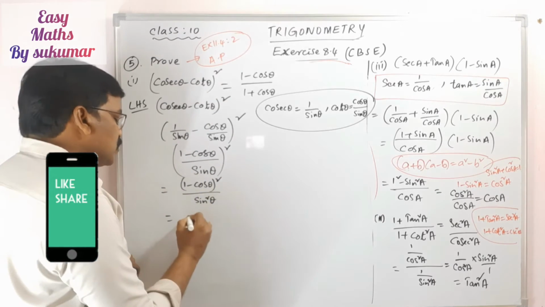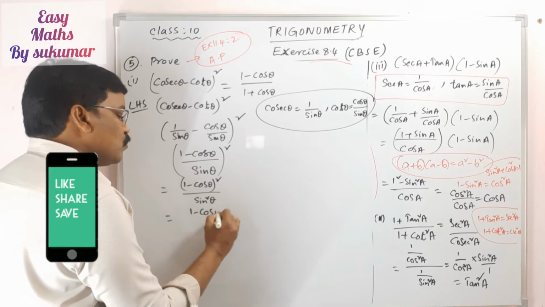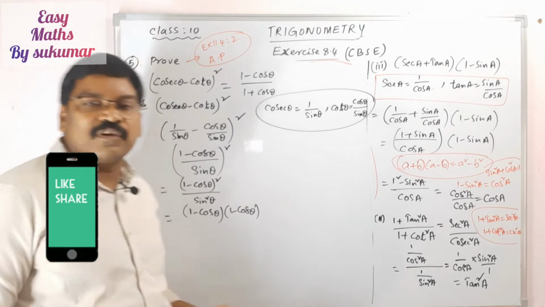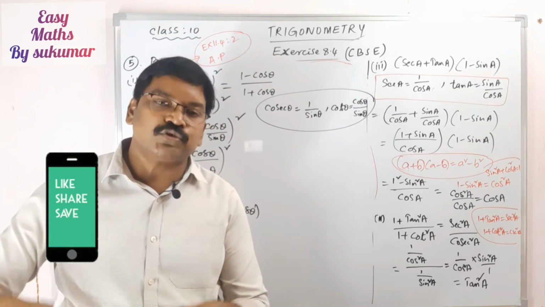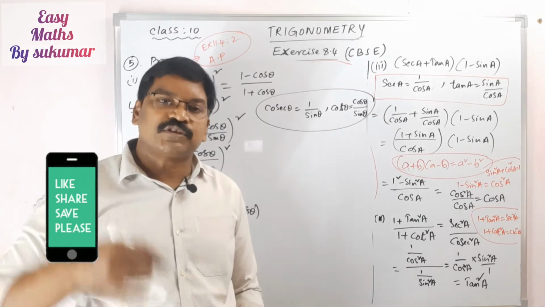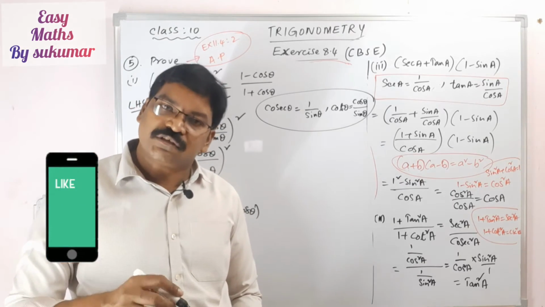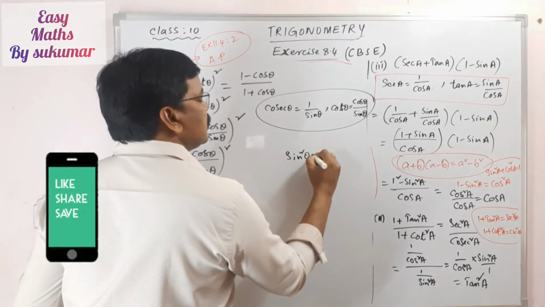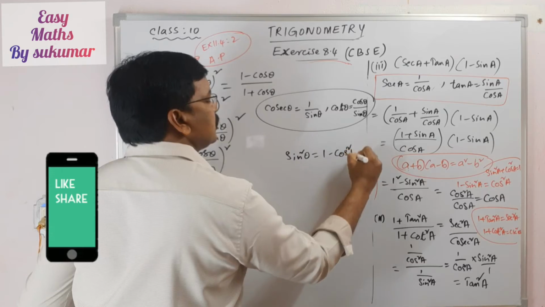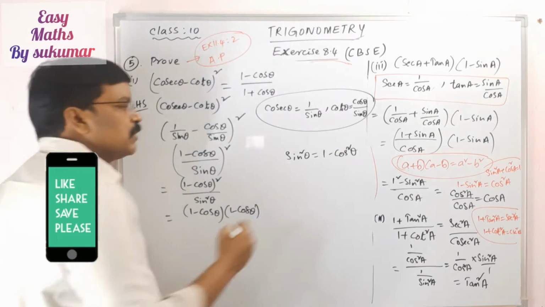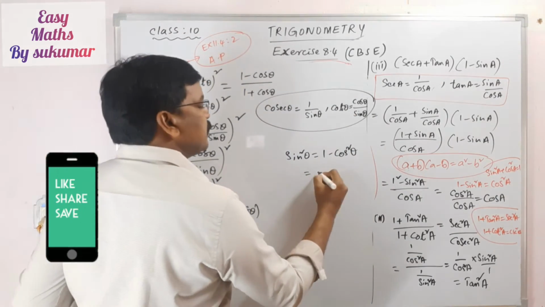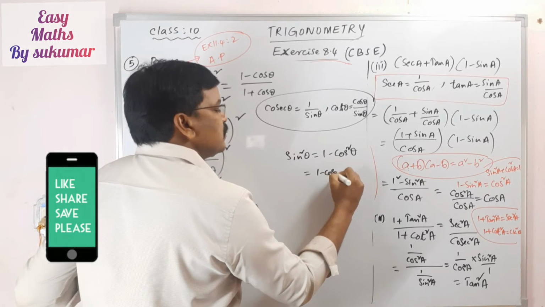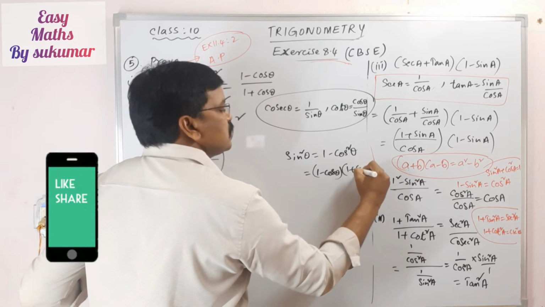This 1 minus cos theta whole square can be written as 1 minus cos theta into 1 minus cos theta. Why? A square means A into A. Like that, 1 minus cos theta whole square means 1 minus cos theta times again 1 minus cos theta. But this sin square theta is equal to 1 minus cos square theta. Again, 1 minus cos square theta is in the form of a square minus b square, that is 1 minus cos theta times 1 plus cos theta.